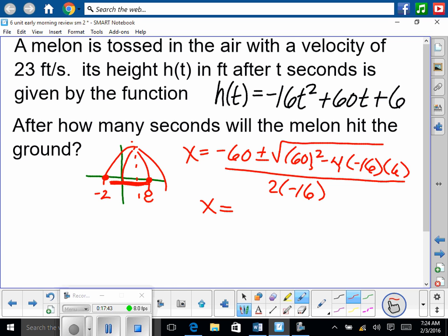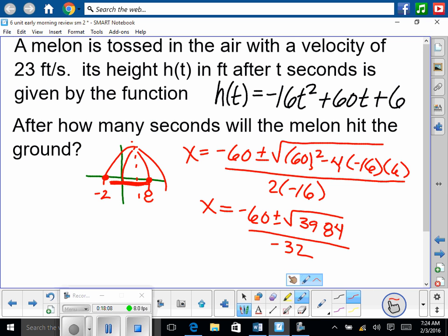So let's actually find the whole decimal on that. Let's figure out really quick what was under the discriminant. I got 3984, it is big. That's right. And it's all over -32, sorry.